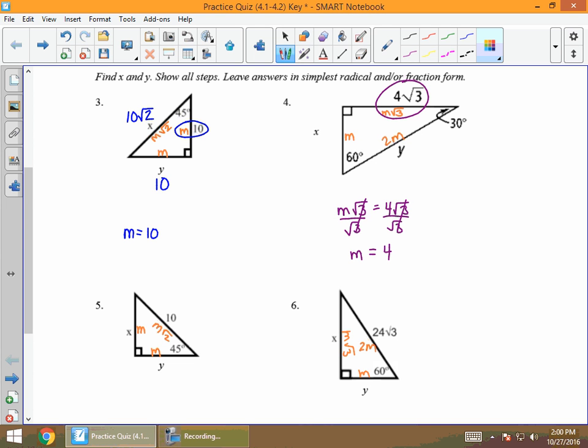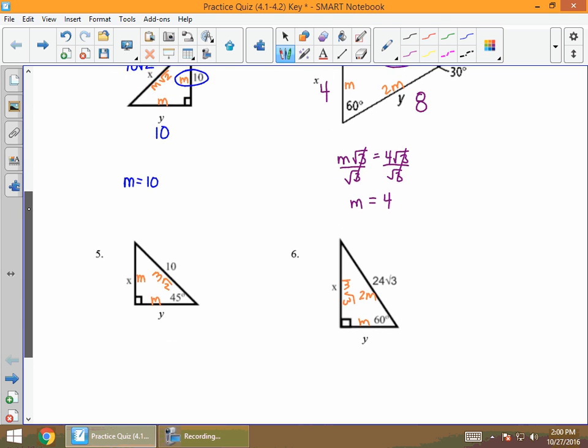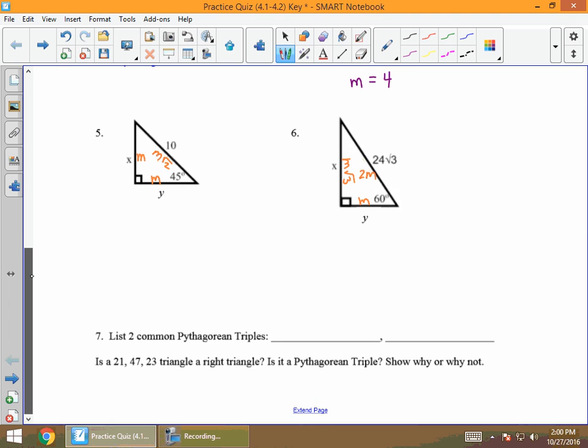So m is equal to 4. So that means x, over here I see that x is equal to m, so that is 4. And y is equal to 2 times m, and 2 times 4 is 8. So x is 4 and y is 8. Right, number 5, find my equation again.